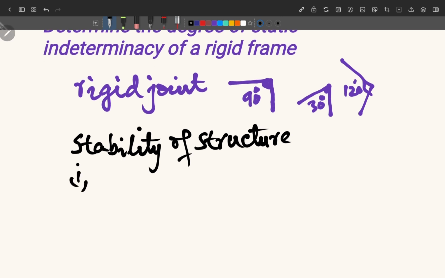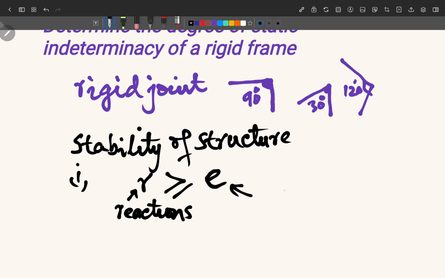Number one, that the reactions which are coming from the supports should be greater than or equal to the equations. So R is equal to reactions, which are external reactions, and E is equations of equilibrium.